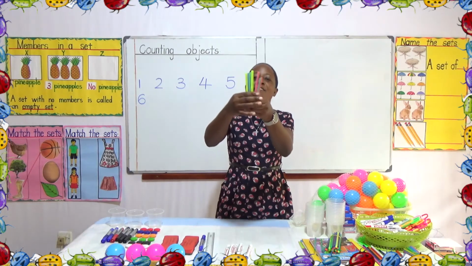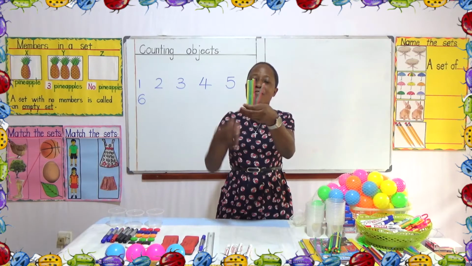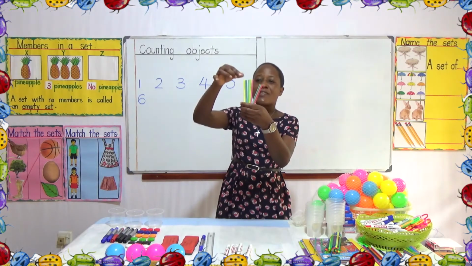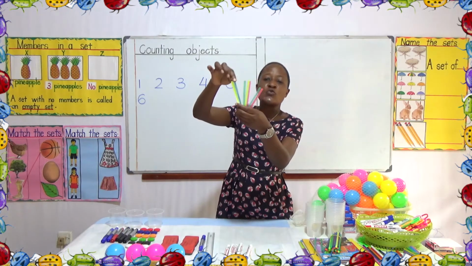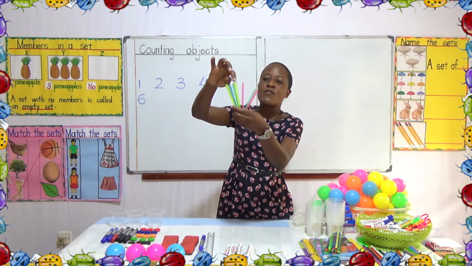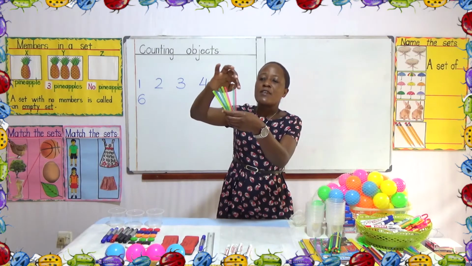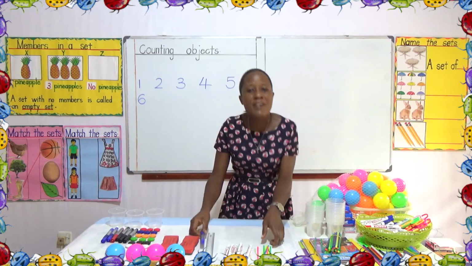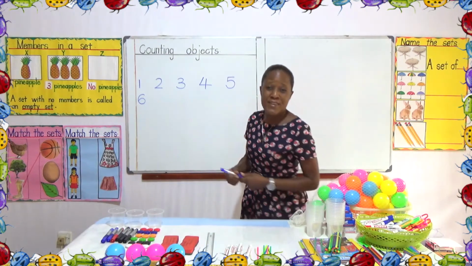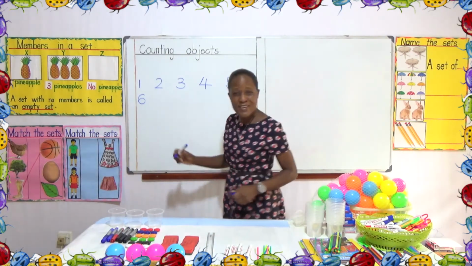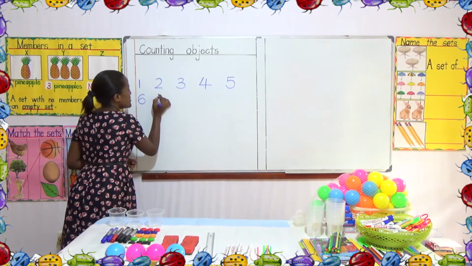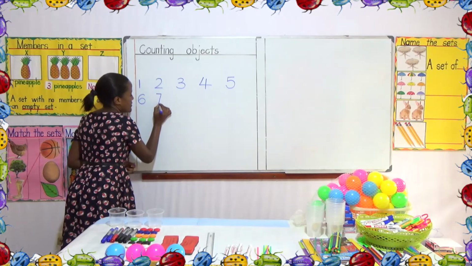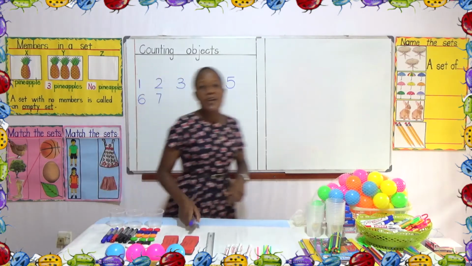There are 7 counting sticks. 1, 2, 3, 4, 5, 6, 7. There are 7. How do we write 7? 7 is written just like this. That is 7.